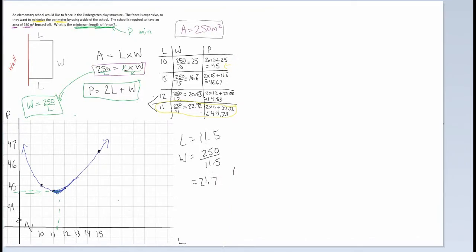So to answer this question, what is the minimum length of fence? So the length of the whole fence is length and width and length. So 11.5 and 11.5 and 21.7. So therefore, do we want our answer to be in meters or in meters squared?